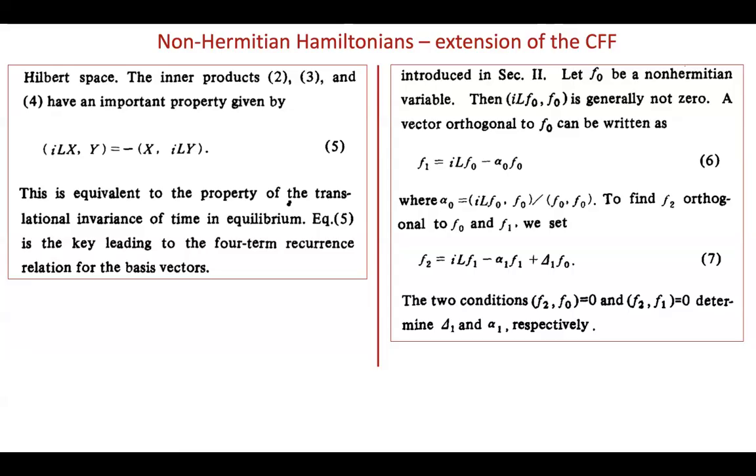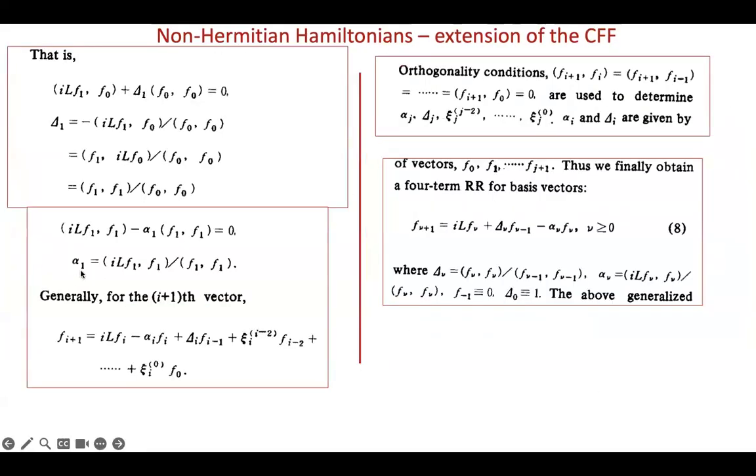Now, I also mentioned to you that delta 1 turns out to be the same as before, and hence you can imagine that delta nu would turn out to be the same as before.